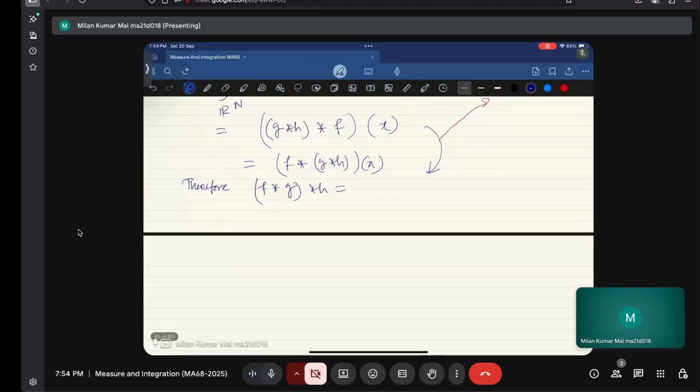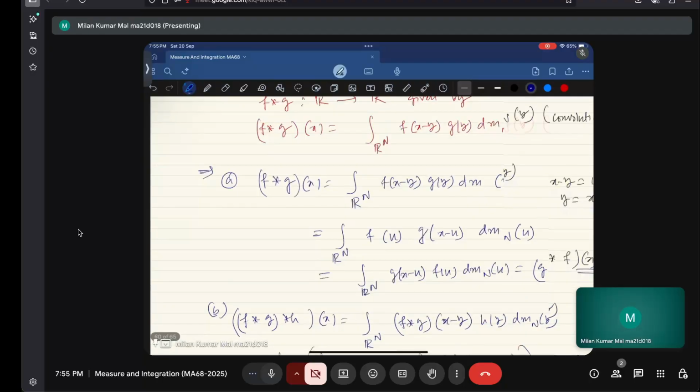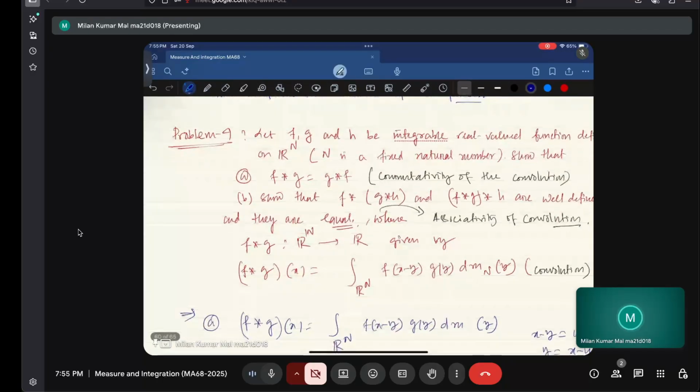So this one is equal to f star g star h. Okay, this is what it is. So now this gives the well-definedness. What was the question initially? The question was that f star g star h are well defined and they are equal. So this completes the solution of the proof.